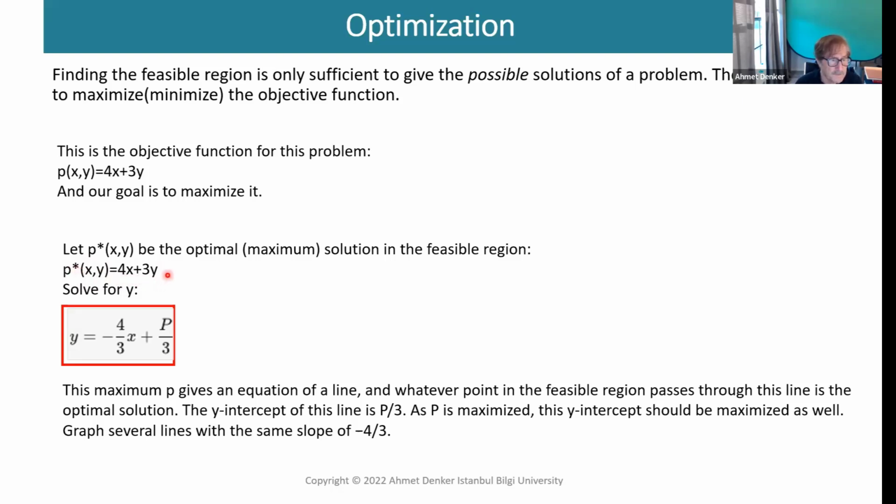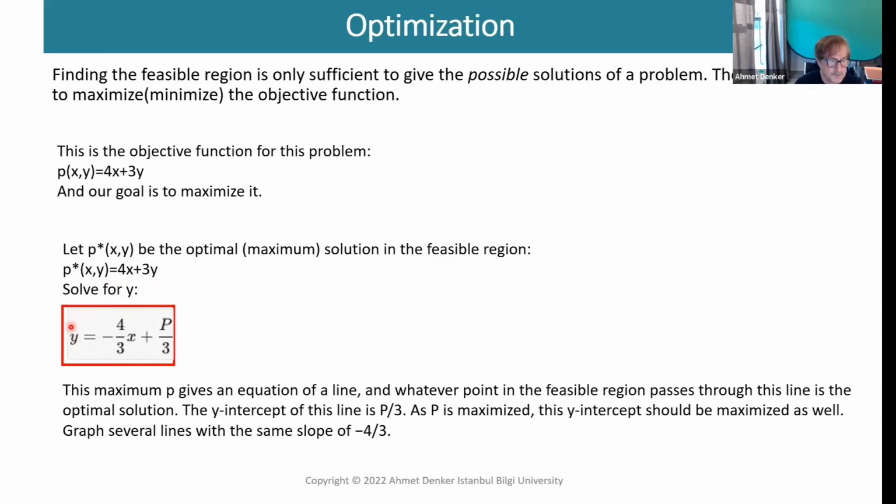So if we solve this for y, we make y equal to p over 3 minus 4 over 3 x. Okay, so we make it like this.